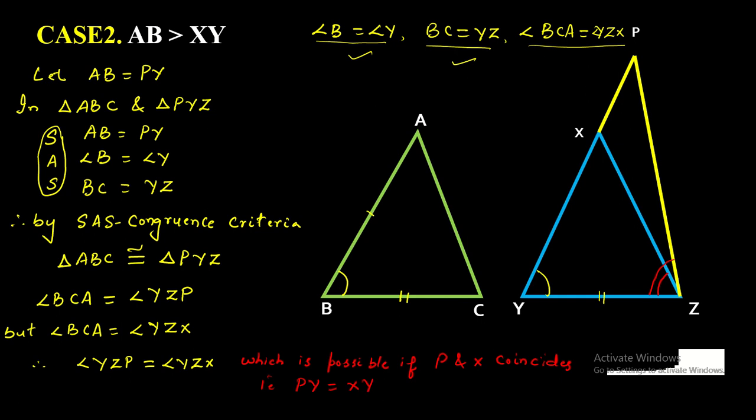Since we supposed that PY is equal to AB, it's possible only if AB is equal to XY. So we supposed that AB is greater than XY, but we got a wrong statement, that angle YZP is equal to YZX, which is possible only if AB is equal to XY. That means this second case failed here.